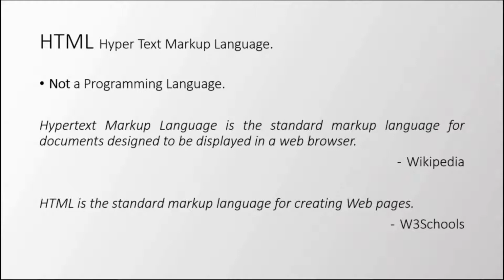So then what is HTML? Hypertext markup language is a standard markup language for documents designed to be displayed in a web browser. Of course, this is a language, but it is not considered a programming language. Now this is a standard markup language. The meaning of markup is just that you are indicating the content with some marks.